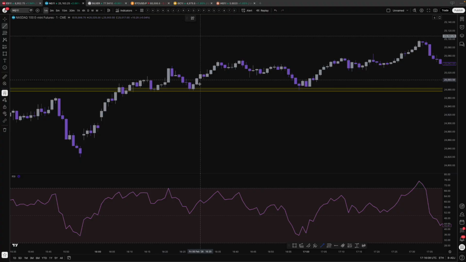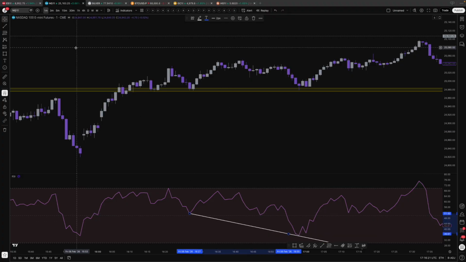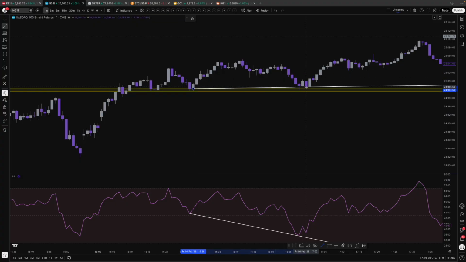Anyhow, we can see now that as price comes and tests the same New York open high here, we again have hidden divergences. So we've put in a higher high. All right. Price then comes back down, puts in a higher low, and we get a lower low on our RSI.